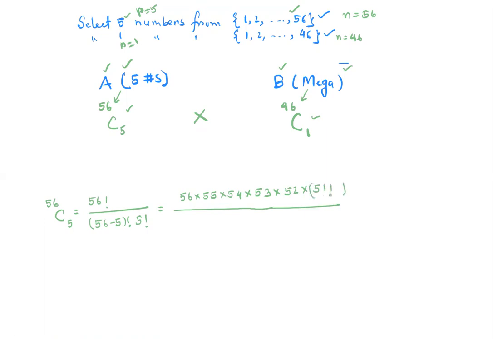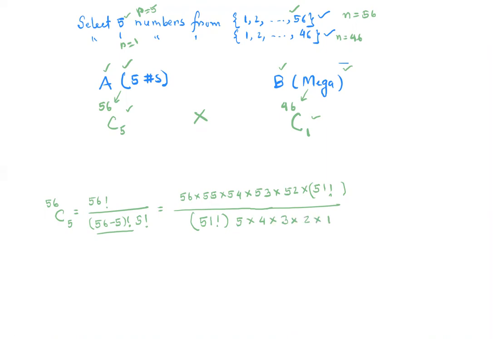Now, why did I go down to 51? Because 56 minus 5 is 51. So 51 factorial times 5 factorial is 5 times 4 times 3 times 2 times 1.